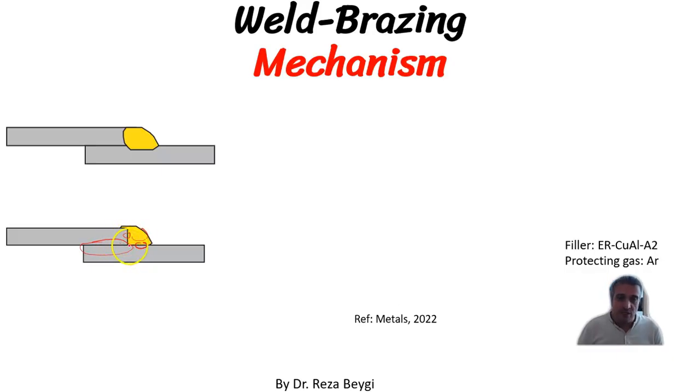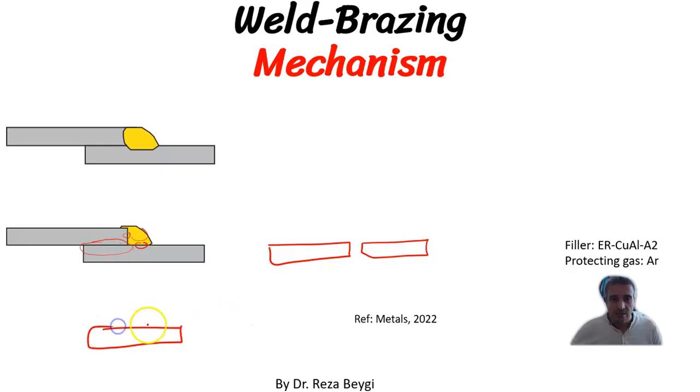We don't need a clearance, and because of that, we don't have any limitation on the joint configuration. We can do weld brazing in butt configuration and also in T configuration. We can deposit the filler material here and establish a joint. So we don't have this limitation.